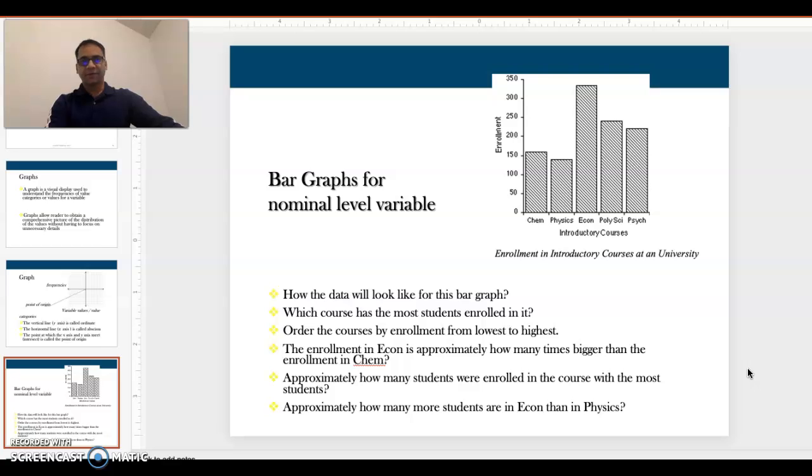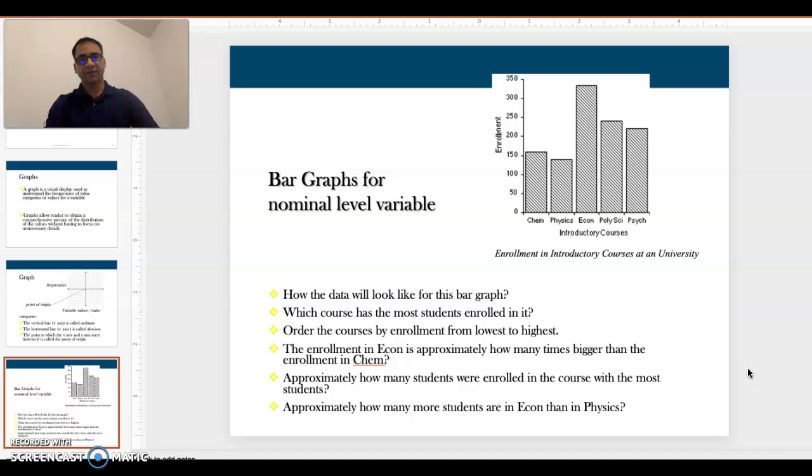From here you can see which course has the most students enrolled in it. So maybe economics. If you want to order the courses by enrollment from the lowest to highest, looking at the graph, you can do that.